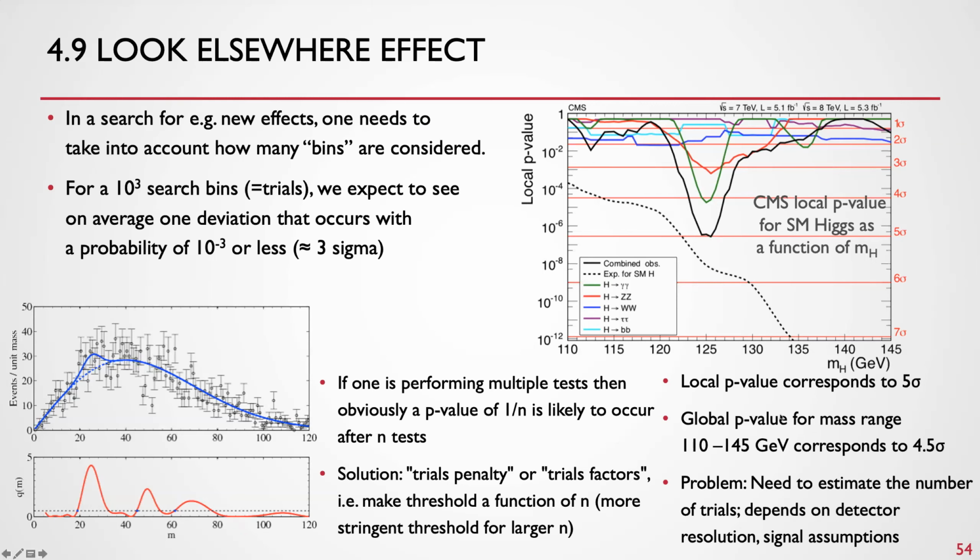And the global p-value takes into account that we've tested all the hypotheses. In fact, for the result shown here, the global p-value, from I think 2013, is only 4.5 sigma.